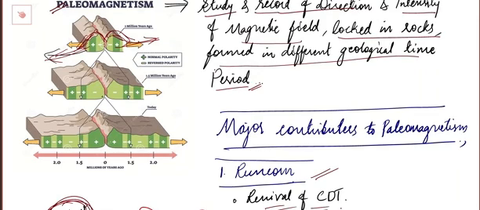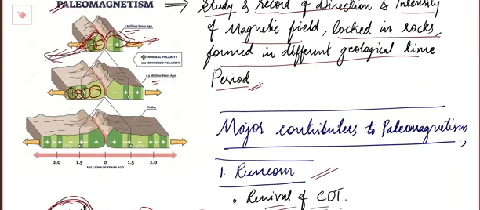If you consider, initially this is the reverse polarity zone and this is the positive polarity zone. Initially, 2 million years ago, this happened. After passage of time, now 1.5 million years ago, first we have the negative polarity, that is reverse polarity, then normal polarity, then reverse polarity, and then normal polarity.